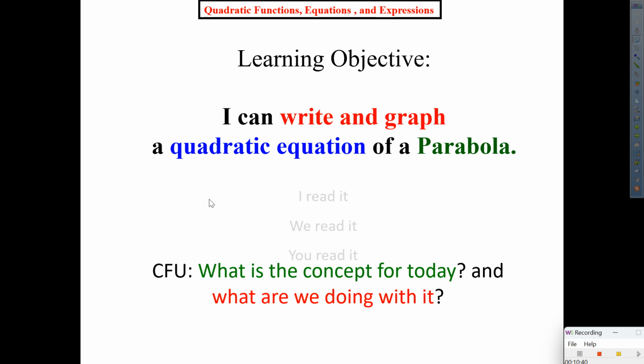All right. So with that said, remind your neighbor what a parabola is. By now, you should be experts at that. What is a parabola?